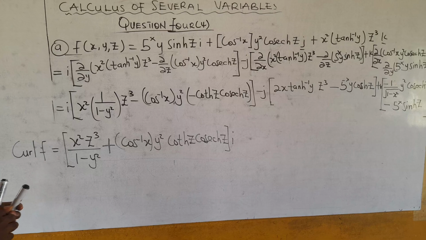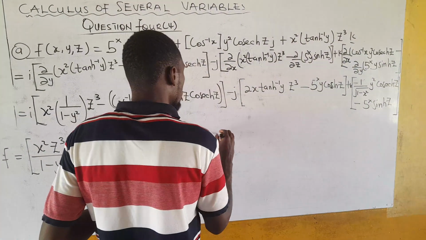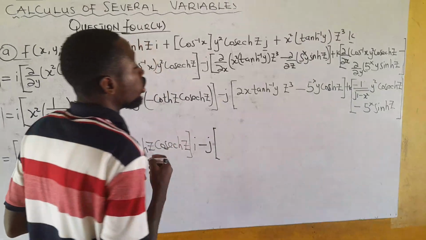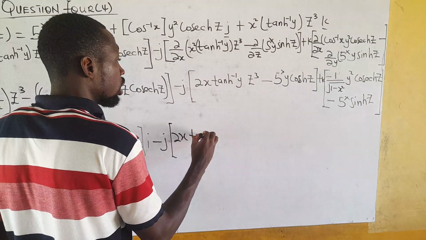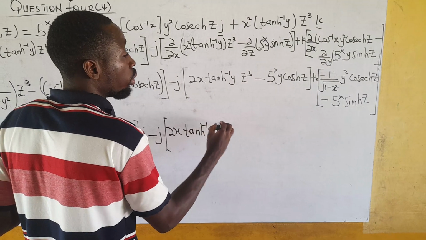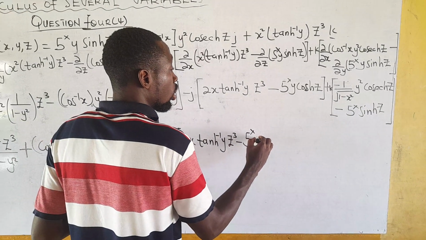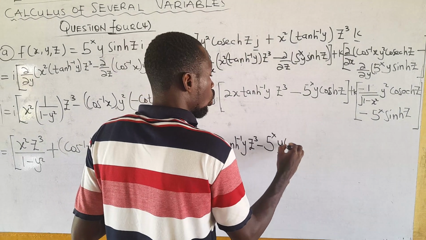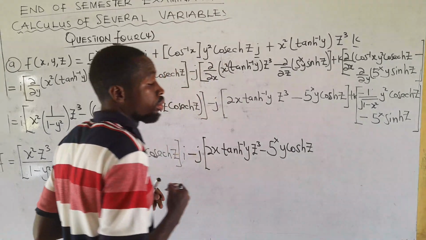Now we'll talk about the j direction. So minus j. Now we have 2x tanh inverse of y z cube, then minus 5 exponent xy cosh z.